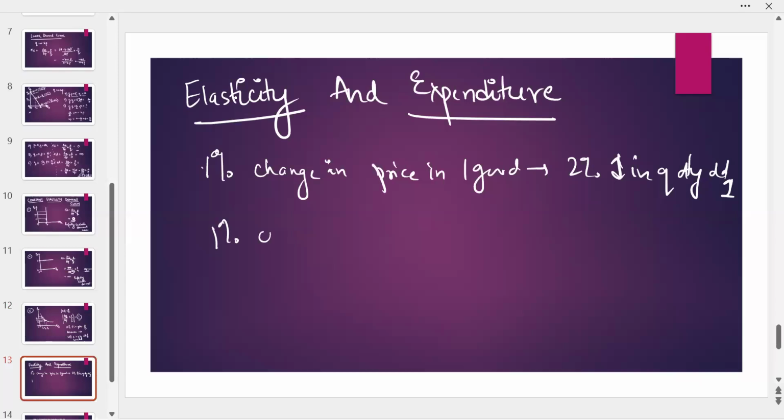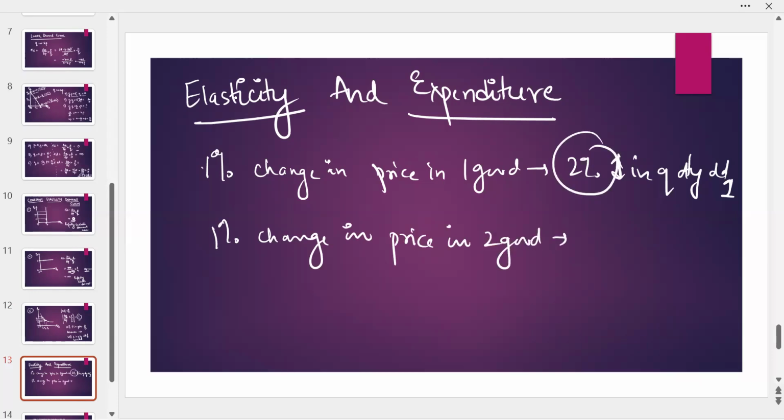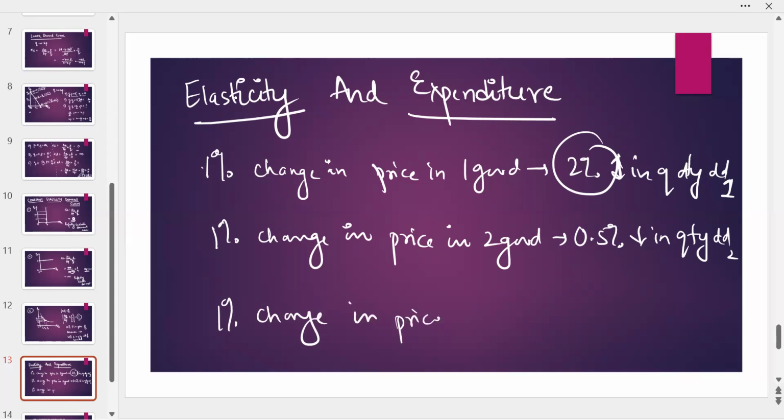However, the same 1% change in price in the second good, maybe it leads to a 0.5% fall in quantity demanded of that good. Similarly, it can also be the case that a 1% change in the price of the third good leads to a 1% decrease in the quantity demanded, right?